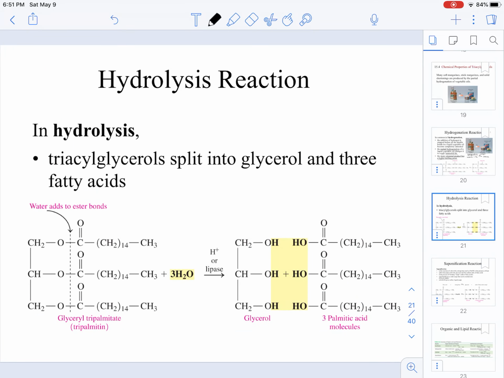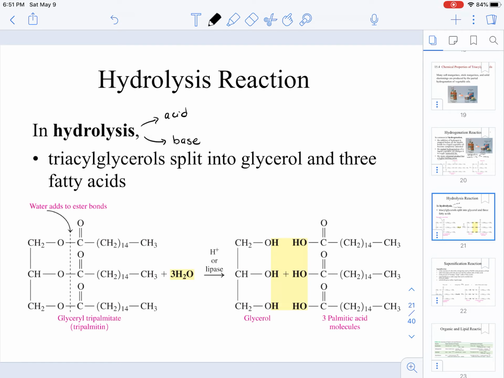Another reaction that can occur with triacylglycerols is going to be hydrolysis. And as you remember, we have two types of hydrolysis. We have acid hydrolysis and we have base hydrolysis. And we're going to talk about both of them.